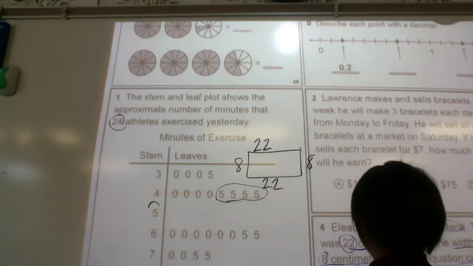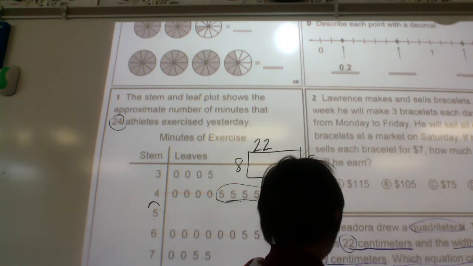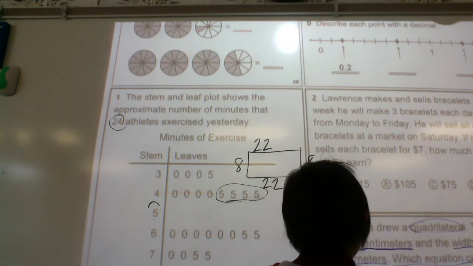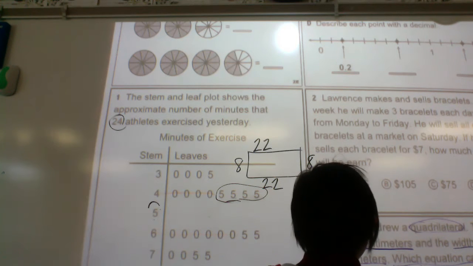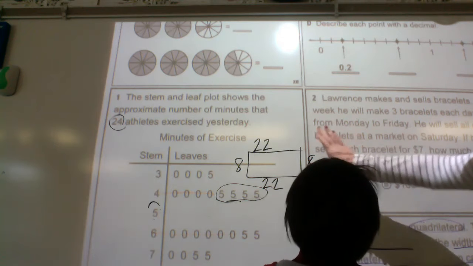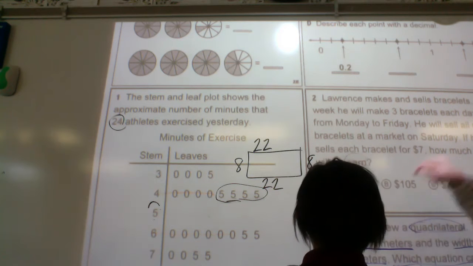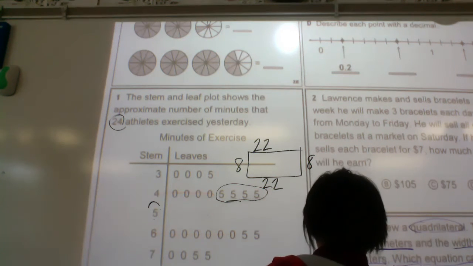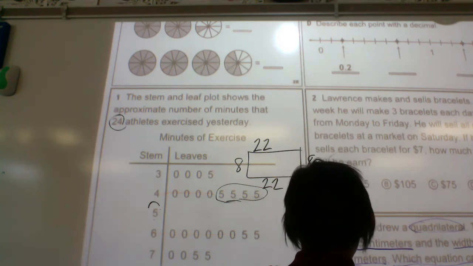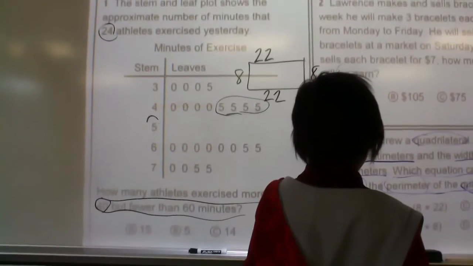They made it a little bit more fancy. If we do 8 times 22, that's going to be a lot. How many times do we see the number 22? And how many times do we see the number 8? 2. So it would be B, 2 times 22 plus 2 times 8. And at home, there you go.